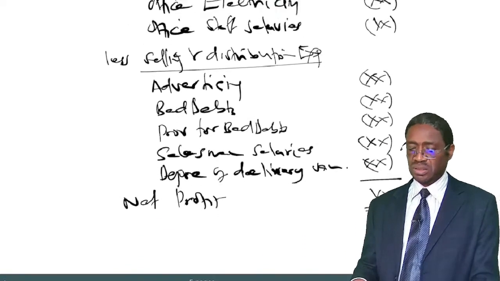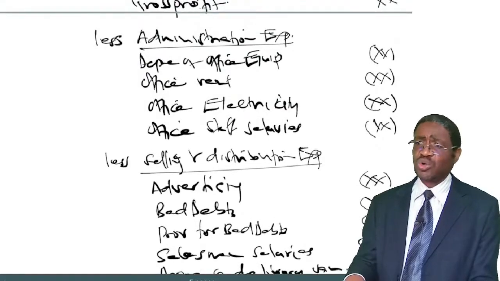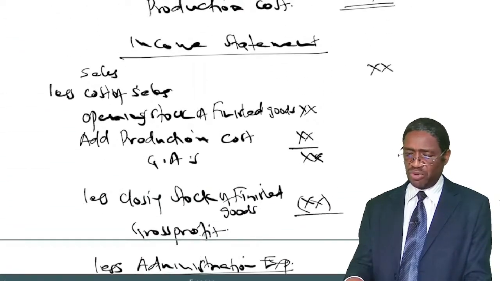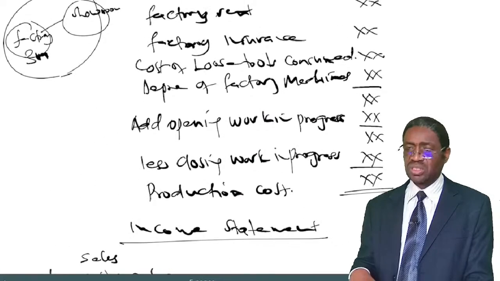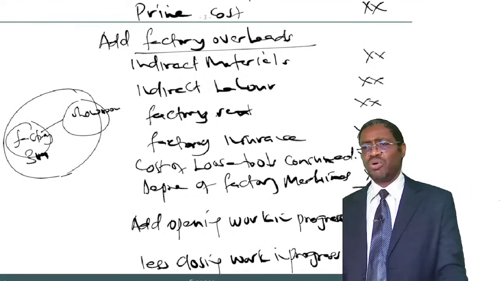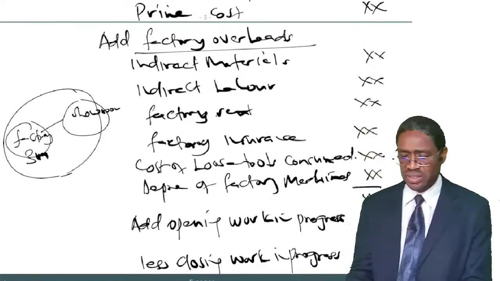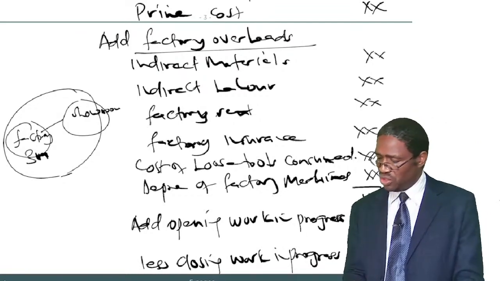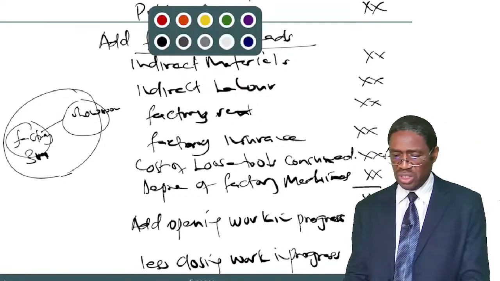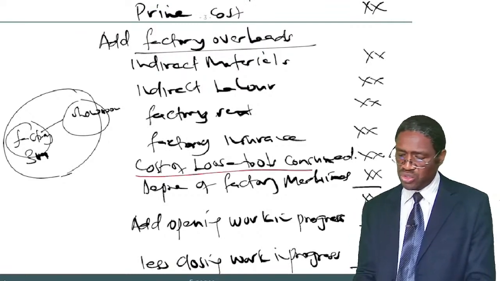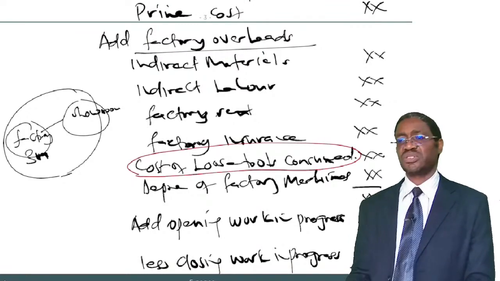Now listen. When we were looking at the format of a manufacturing account, I told you one example of a factory overhead is the cost of loose tools consumed.